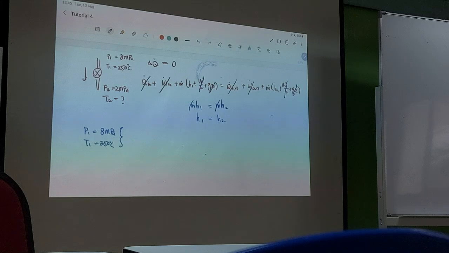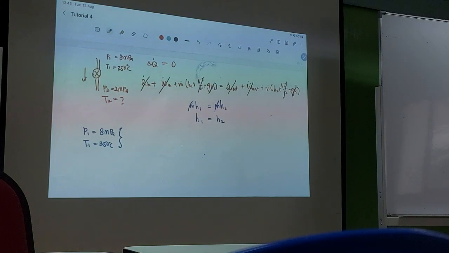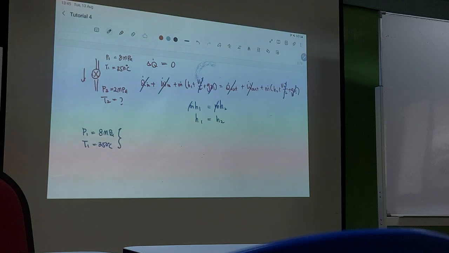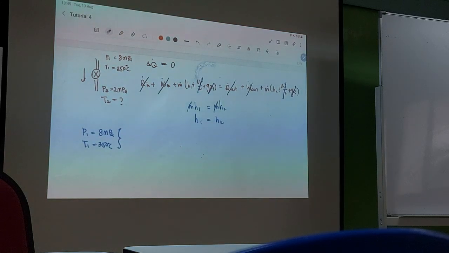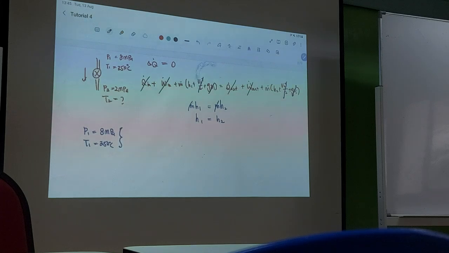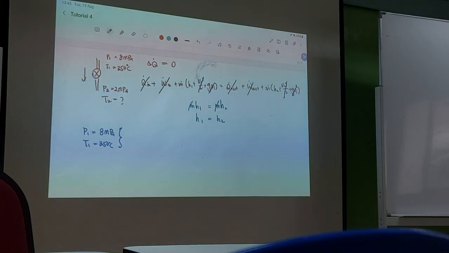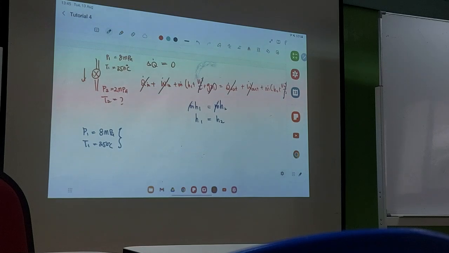You can check this in the properties table to obtain what H1 is. Based on this temperature and pressure, I'm not very sure what state this is. Let's see, maybe we demo a bit.